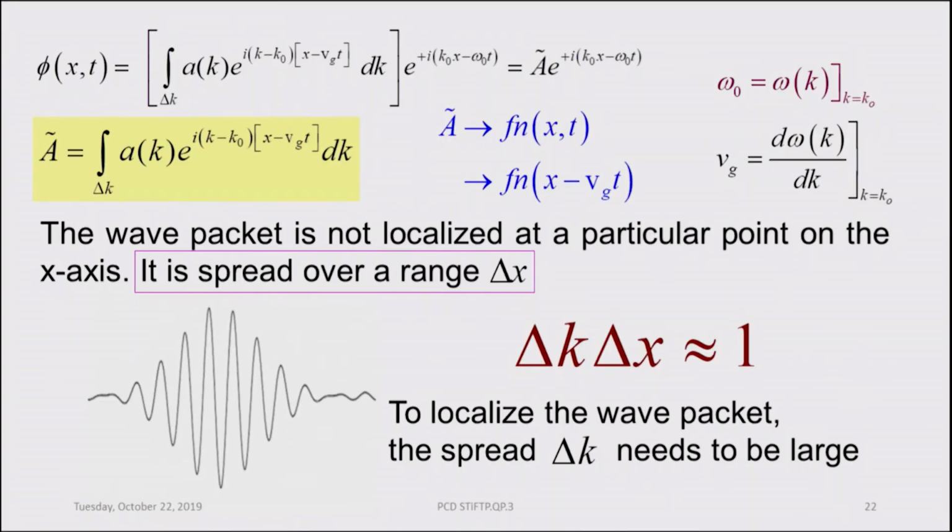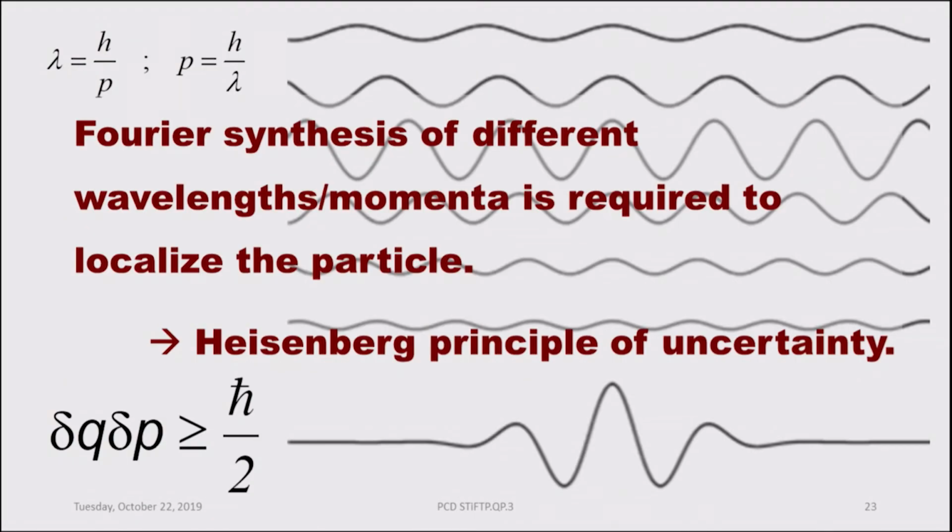So, you can see this from the point of view of what is called a Heisenberg microscope, which I will briefly discuss. You can see that to localize a particle, you need to superpose a large number of monochromatic waves, different momenta, right.